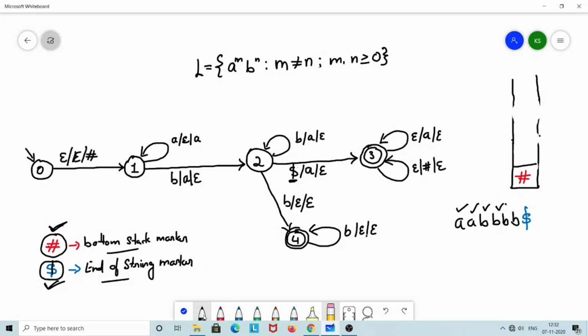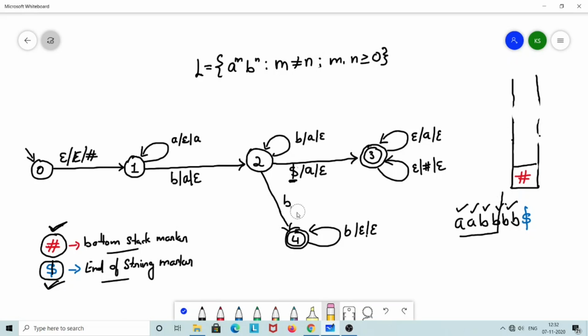Till here we are done, right? 2 A's and 2 B's. So this will be the content of the stack. Now for a further B, what do I do?